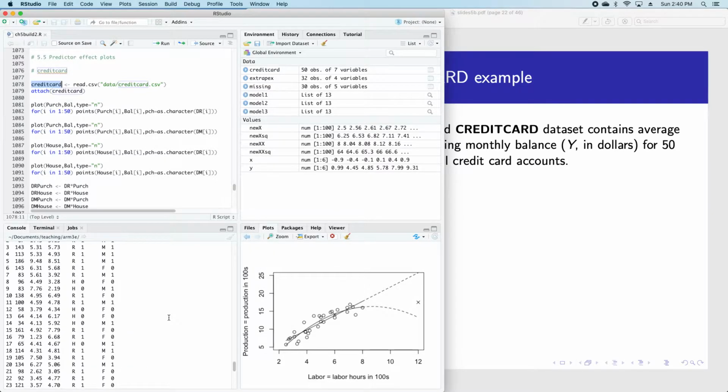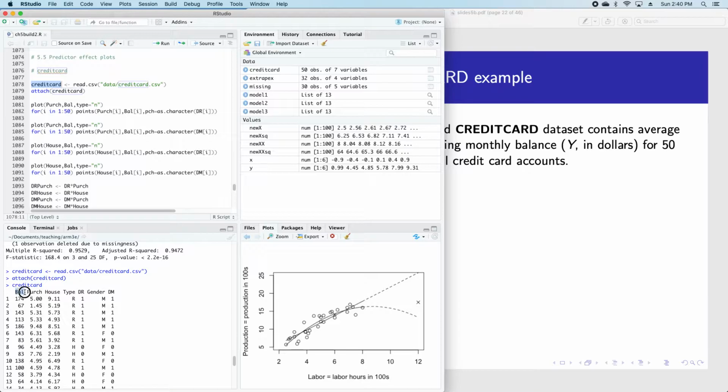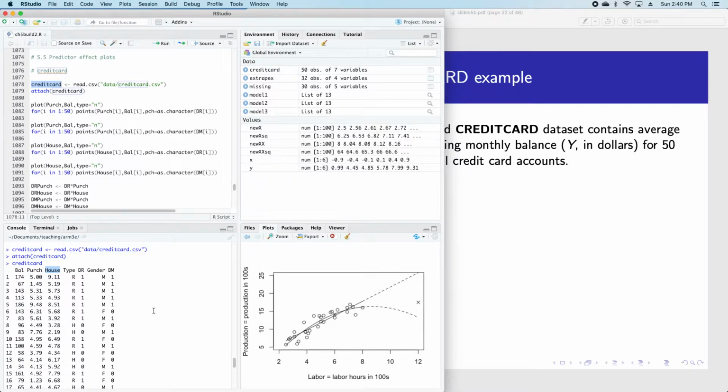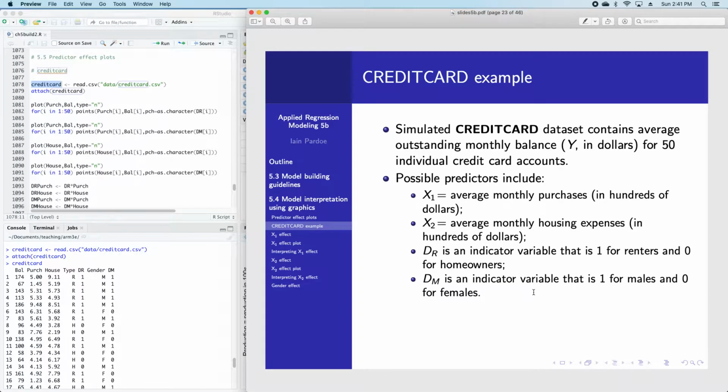So we've got data here where we've got credit card balances, average purchases, average amount of money spent on housing expenses, and then we've also got information on whether the credit card holder is a renter, which is R, or a homeowner, which is H. And then we've also got information on gender, so we've got males and females in our data set. So that's a description of the data that we have.